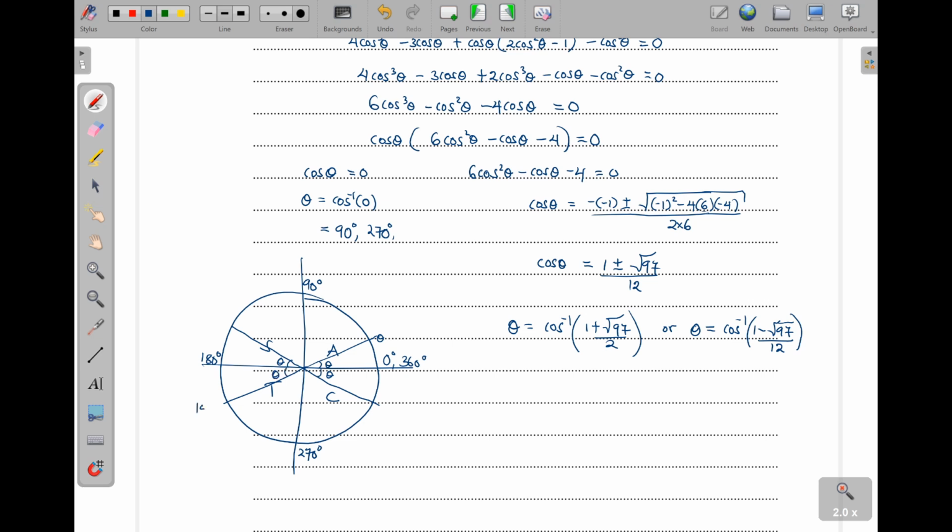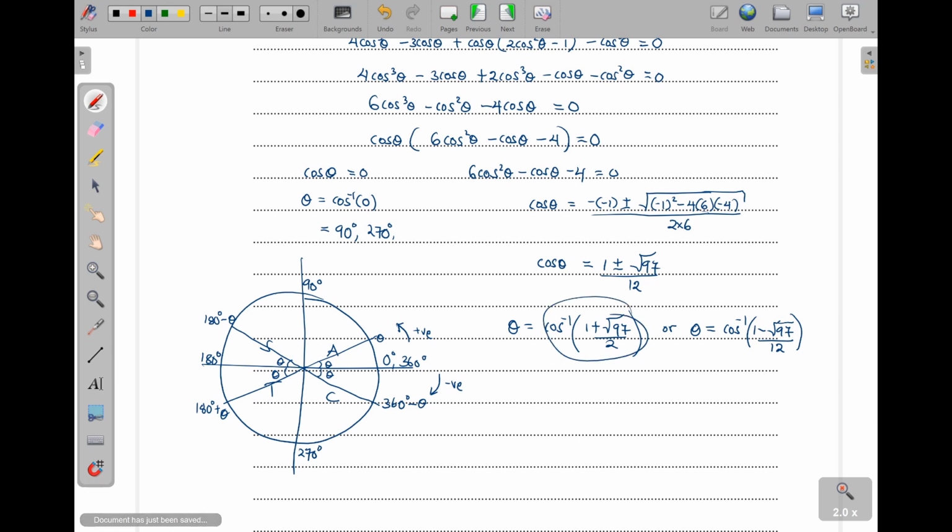To get an angle here, it will be 180 plus theta. To get an angle here in the second quadrant, it is 180 minus theta, and then this one will be 360 minus theta. That is when you move like this up to here. And moving anti-clockwise, the angles are positive, but when you move clockwise, the angles are negative.